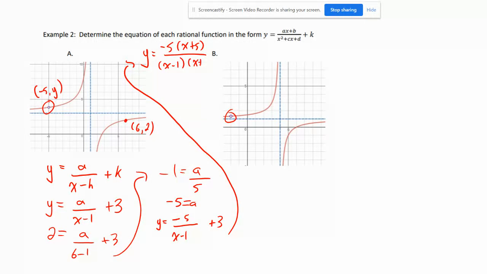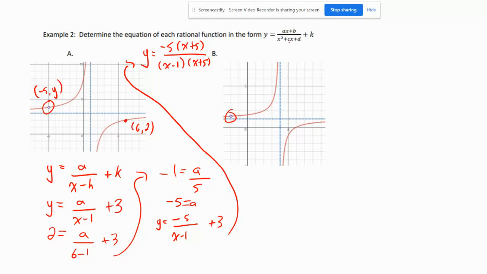Just remember from our last topic, guys, with points of discontinuity, they happen when we have a factor in the top and a factor in the bottom. So this is still a non-permissible value of x equals -5, but it ends up canceling out something over here. So if I put this x plus 5 factor in the top and the bottom, that's going to lead to this point of discontinuity over here.